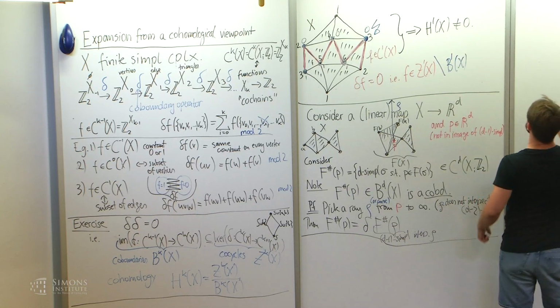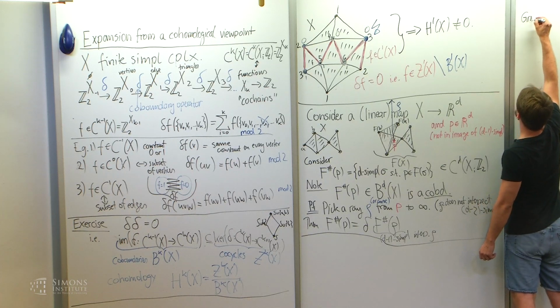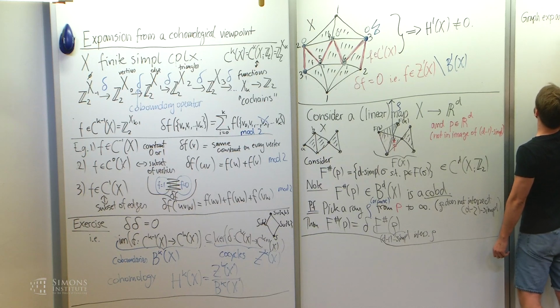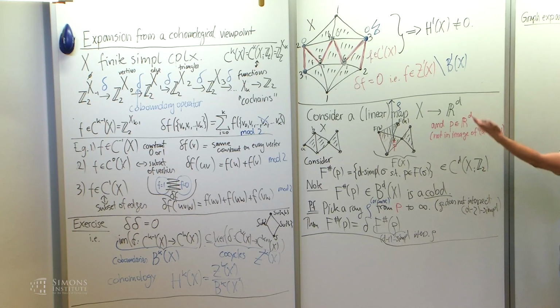So let's first look at graph expansion. What I actually want to discuss is a higher dimensional generalization of edge expansion. So let's look at that first. And I want to talk about edge expansion in graphs that are not necessarily sparse.